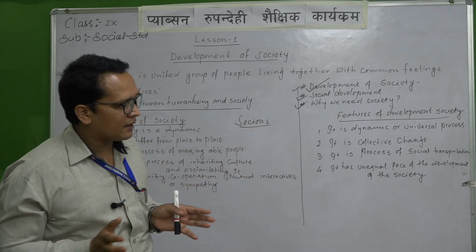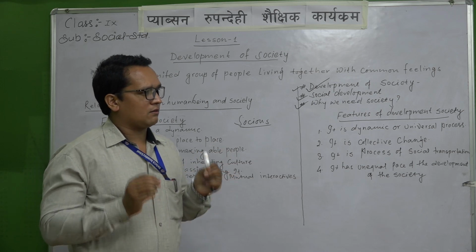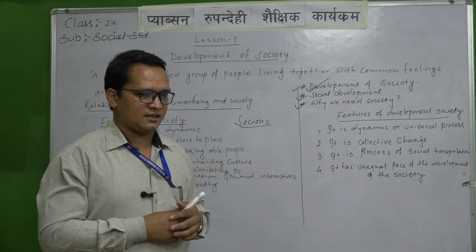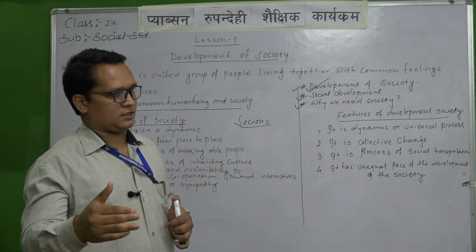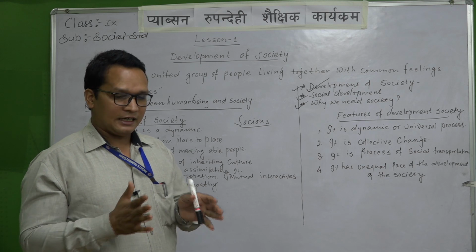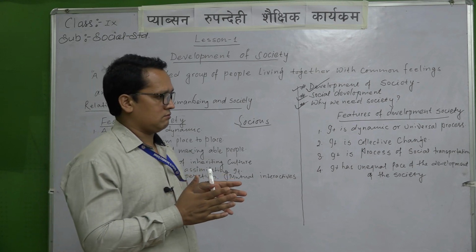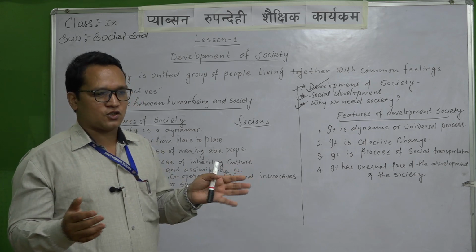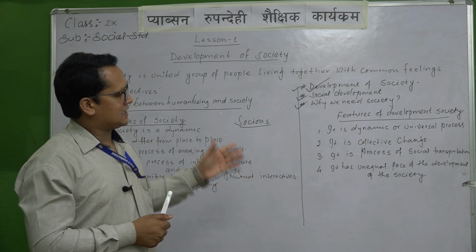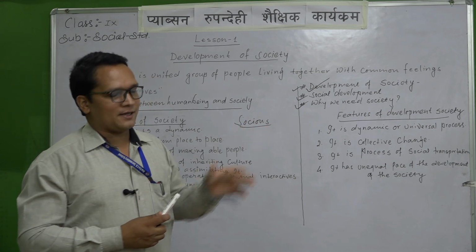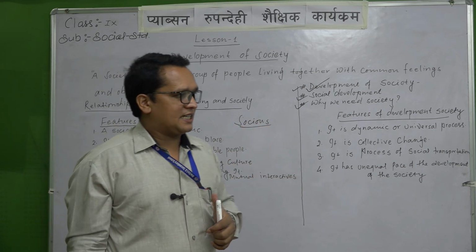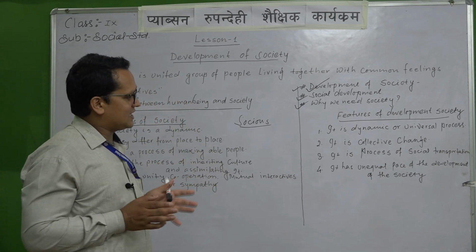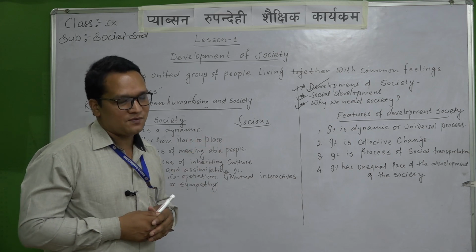It means economic, social, political, educational, various things are being affected. In that case, development is being affected, even though development is not being stopped. In the same way, development and society development are also connected to each other. So the unequal pace of the development of the society is also one important factor, or we can say feature, of development of society.